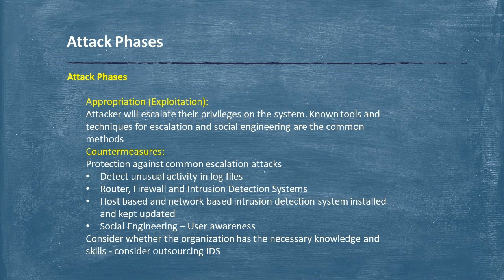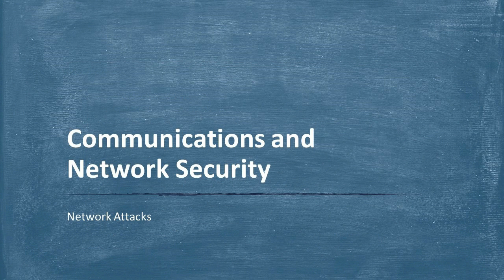If the organization is very small and cannot put a full-time network administrator to take care of IDS, IPS and regular monitoring, that can be outsourced. So we saw 4 phases of any attack from the network perspective, but this is common for any other attack, not necessarily a network attack.